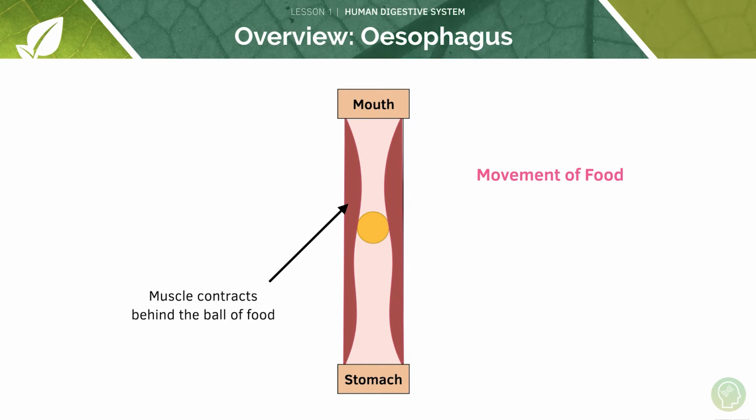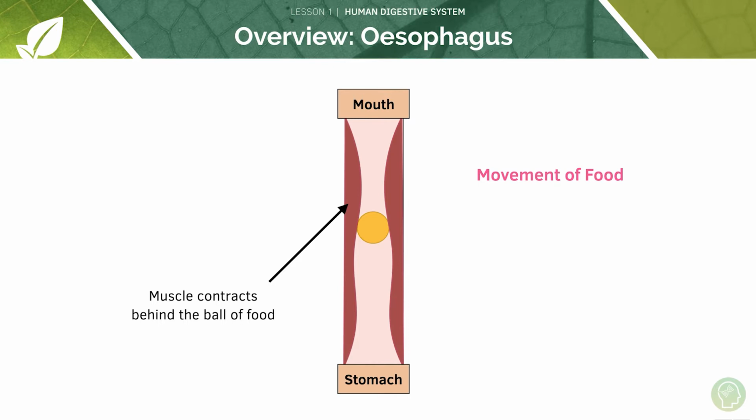Now we move on to the esophagus. So we've had the mouth, we've had chemical and mechanical digestion. Now these smaller molecules of food are going to pass down into the stomach. But in order to get from the mouth to the stomach, they've got to pass down the esophagus, which is this section here. So it links the mouth to the stomach. And food doesn't just drop down this pipe.